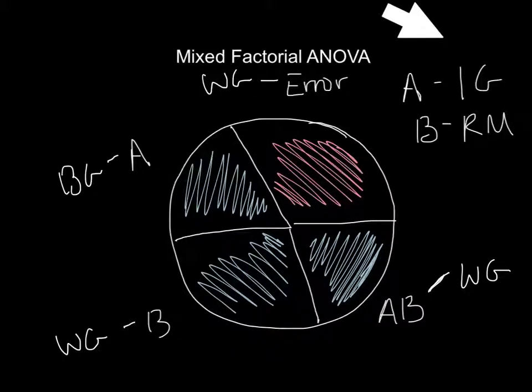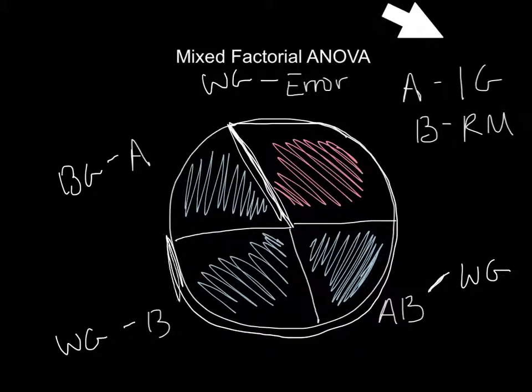The biggest difference in a mixed factorial is to notice here that everything here, the B factor, the AB factor, and the within groups error are all considered within groups. And that's it. I hope this became helpful in your review of understanding what's explained and what's unexplained in your different types of ANOVAs.